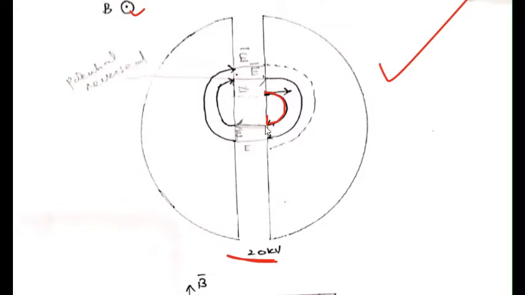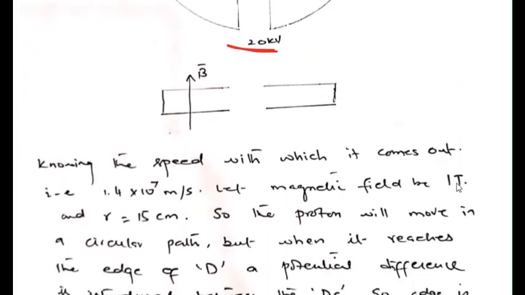So in the presence of potential on this chamber and this chamber, the direction of the electric field is from this D to this D, and as the proton moves out of this chamber, it faces this electric field, and while doing so, it gains energy, about, I think it was 2 kilo electron volts.